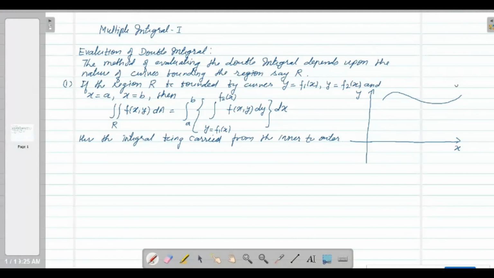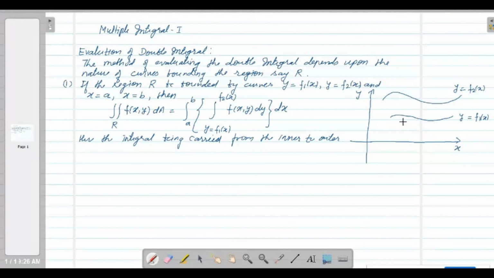This is y equal to f2(x). There is another curve, this is y equal to f1(x).